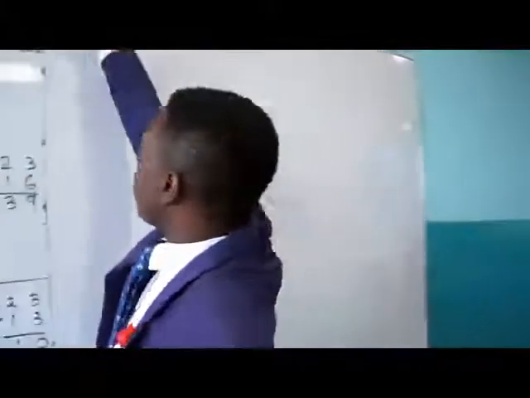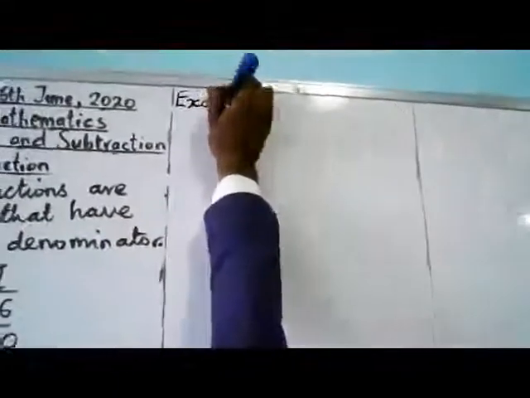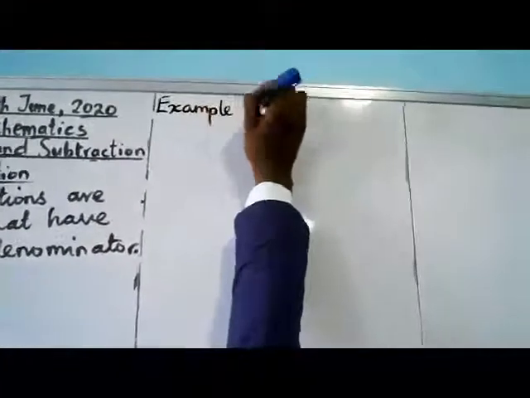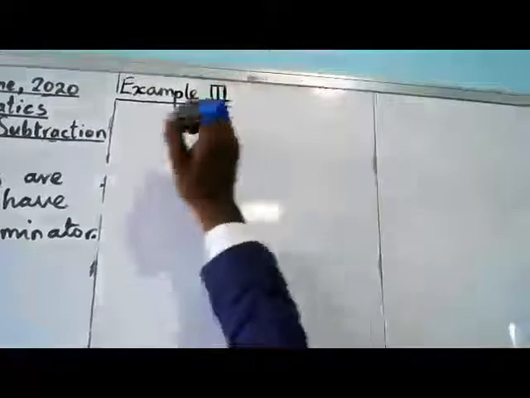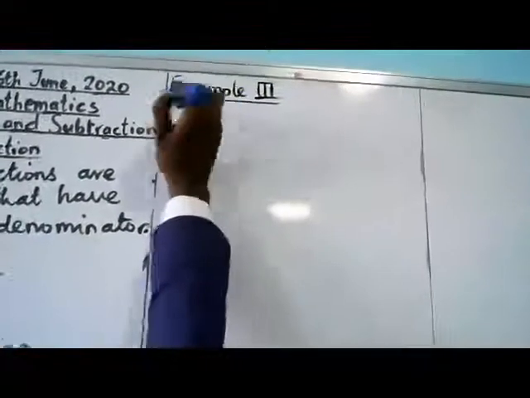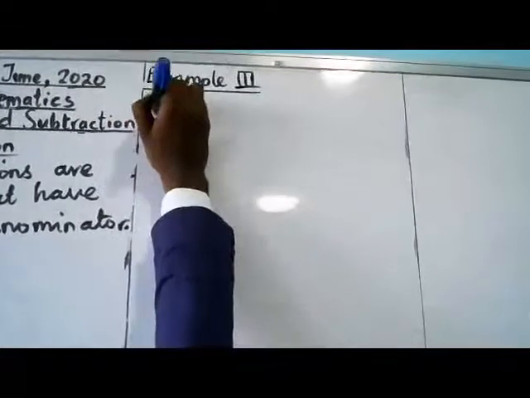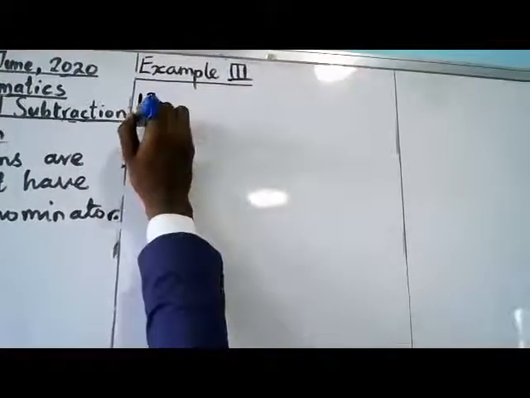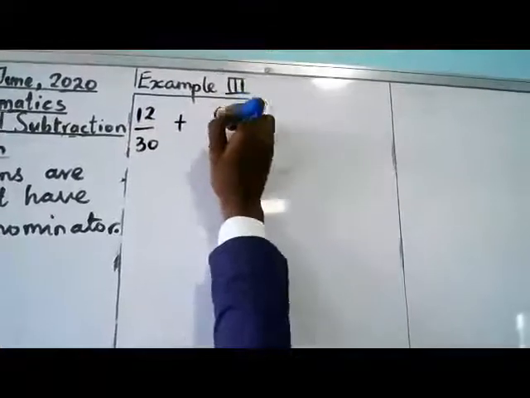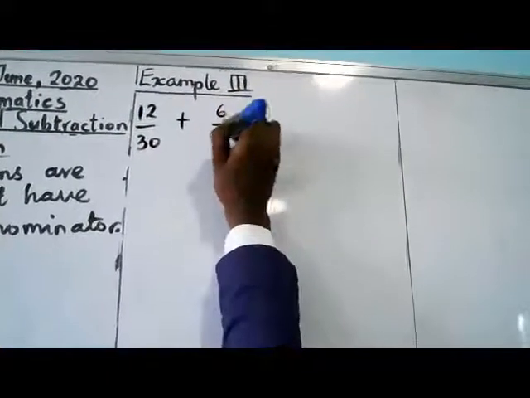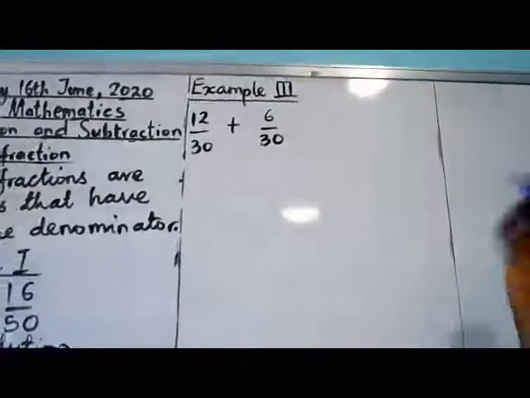The next example, which will be our example 3, we have it as, let's say, 12/30 plus 6/30. So go straight forward.